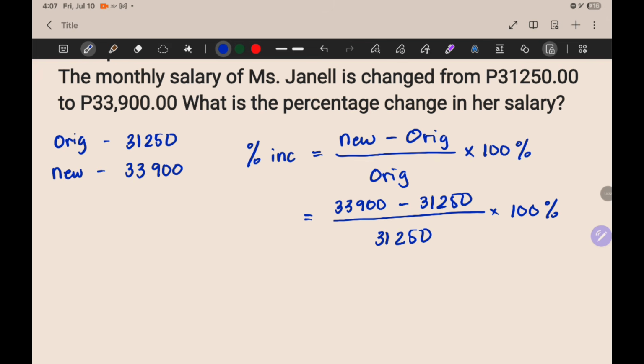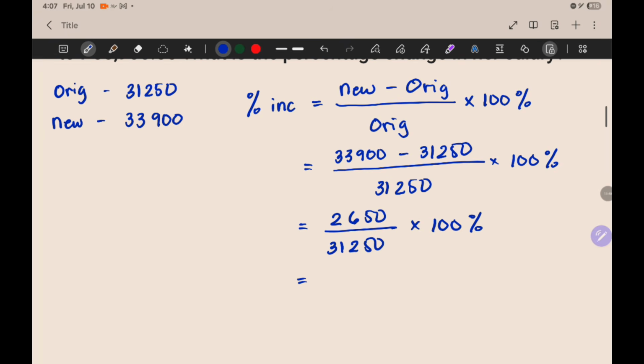So, subtract natin 33,900 minus 31,250. That is equal to 2,650 all over 31,250 times 100%.